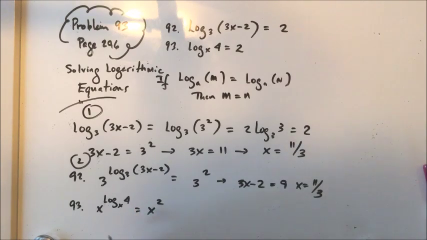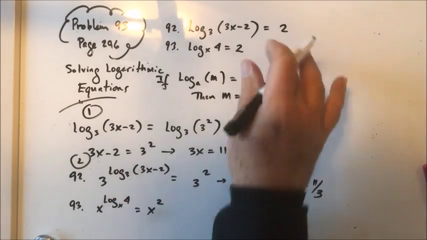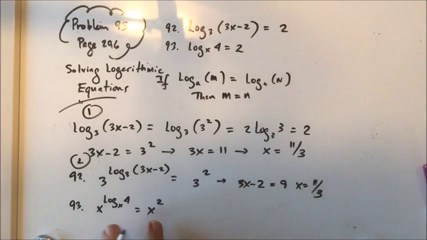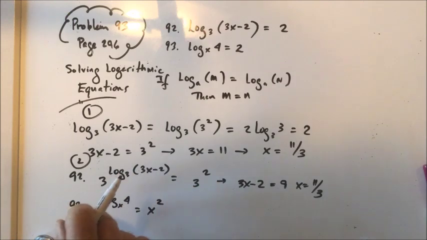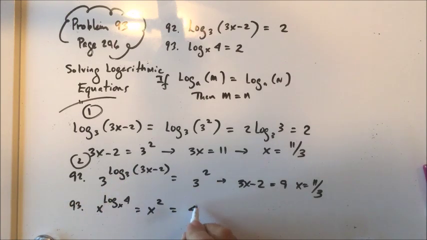But another way to solve this, which unfortunately just gets you right back to this, is to make use of the fact that the log base x of 4 is the exponent that you put on x to get 4, and say, well, then this must be equal to 4. And if that's the case, x squared is equal to 4. That seems to say that x is equal to plus or minus 2.